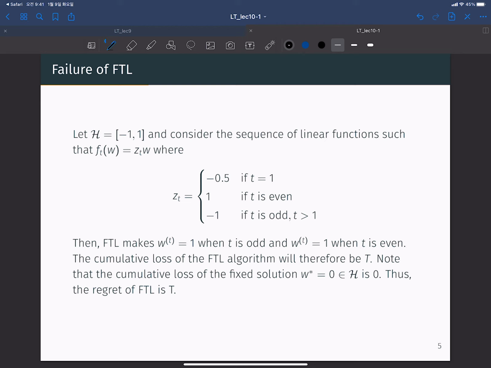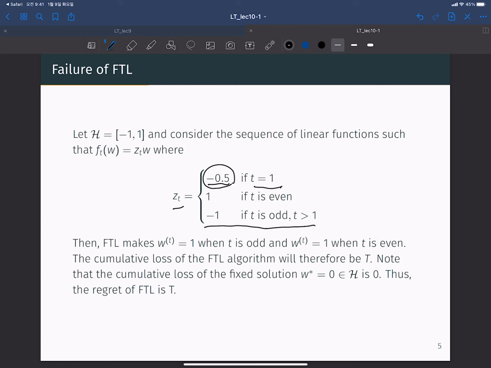For instance, when the hypothesis class is a 1D interval from -1 to 1, and consider a sequence of linear functions instead of the degree 2 square function, such that f_t(w) equals g_t w, where g_t follows this rule. At time t equal to 1, it is equal to minus 0.5.